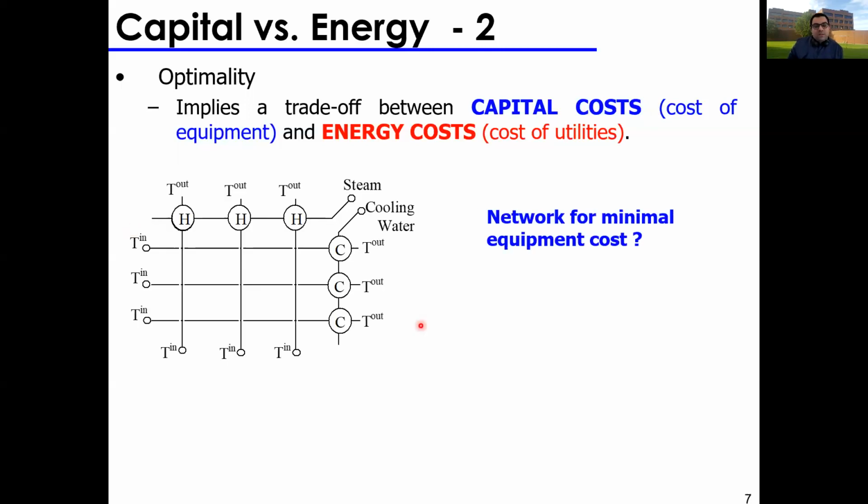So if I look at this design, we have a bunch of streams here. These are my hot streams. They come in at T in, they leave at T out, and I install 3 coolers on these 3 hot streams to cool them down. And then I have 3 cold streams, and I install 3 heaters to heat them up.